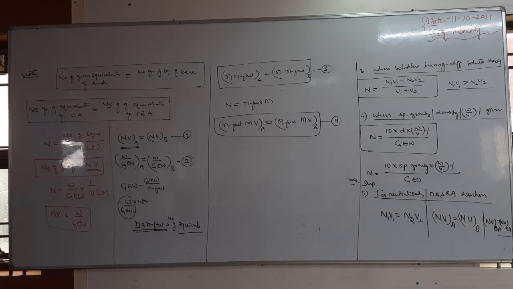What is the meaning of same solute? When 2 acids mix, 2 bases mix, 2 oxidizing agents mix, or 2 reducing agents mix. When 2 solutions having different solute are mixed, then the normality equals N1 V1 minus N2 V2 by V1 plus V2.